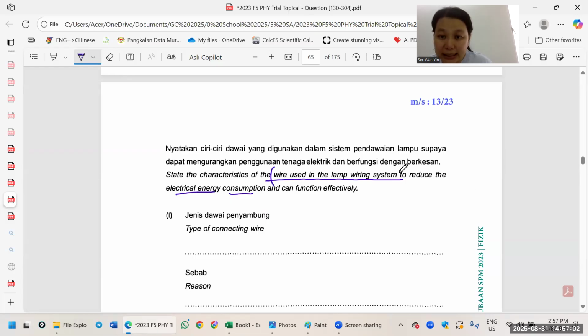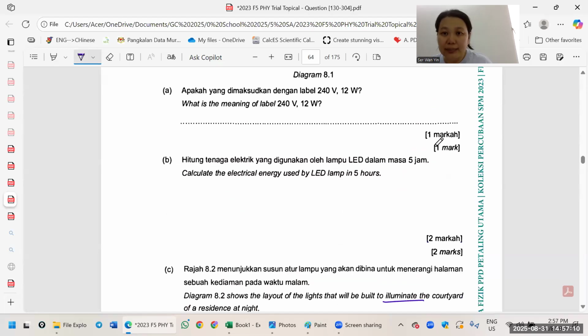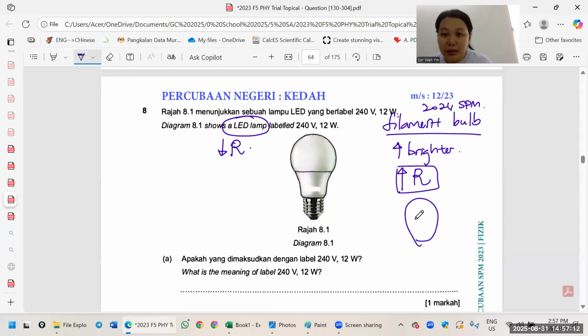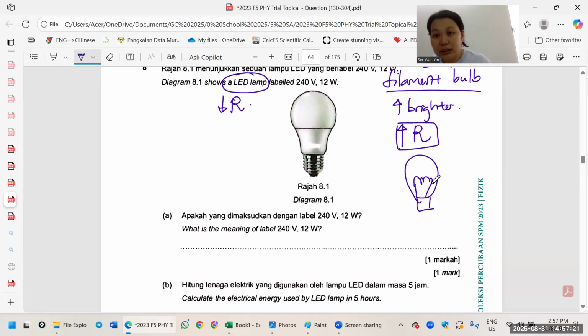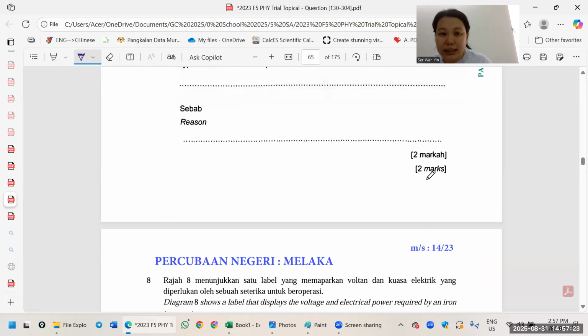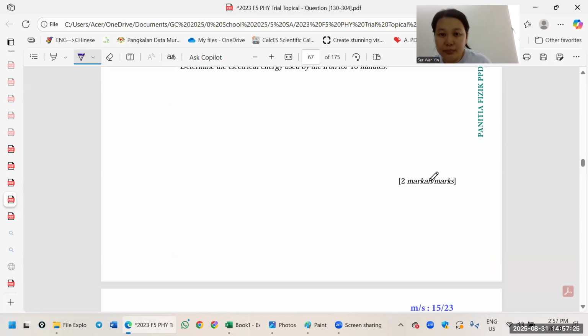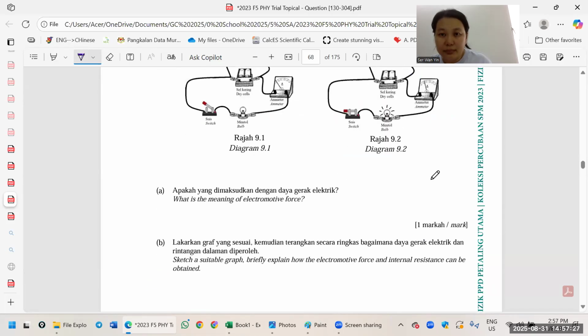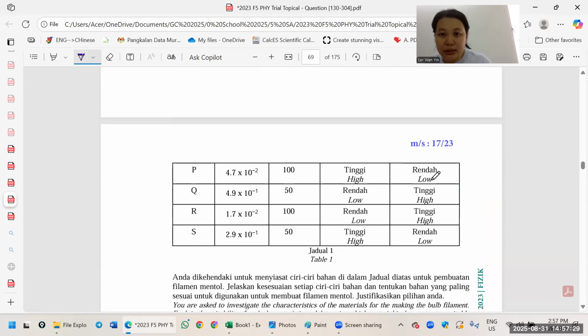So actually, this is talking about the connecting wire, not the filament itself. So you need to be careful. Two types of resistance. So you all can do that. Resistivity.